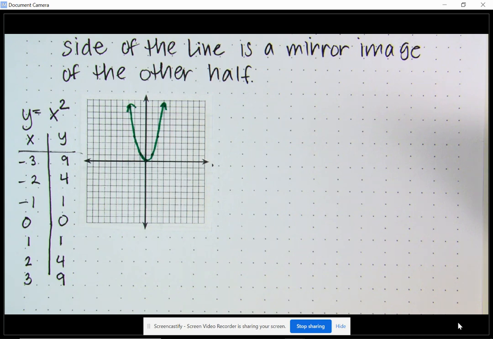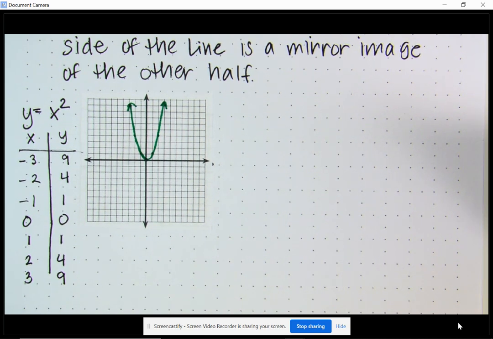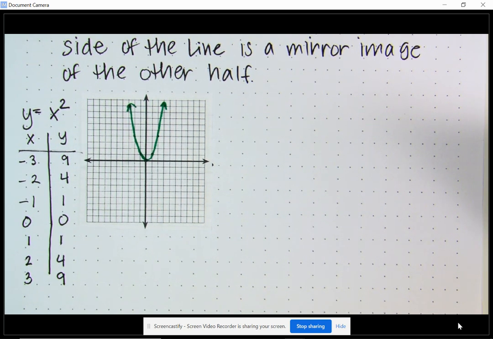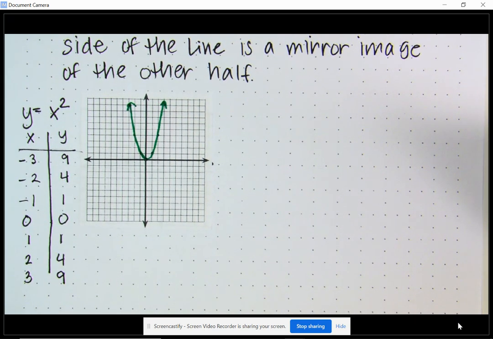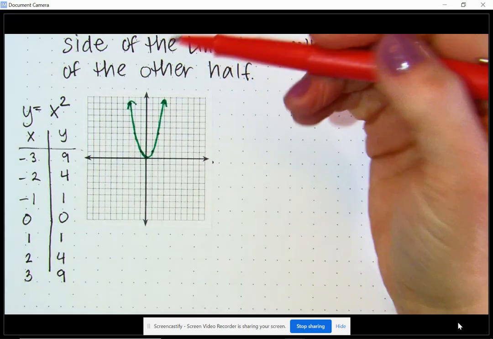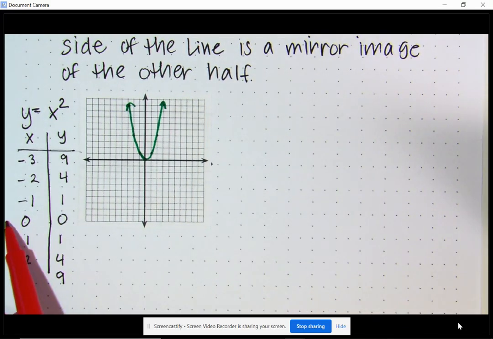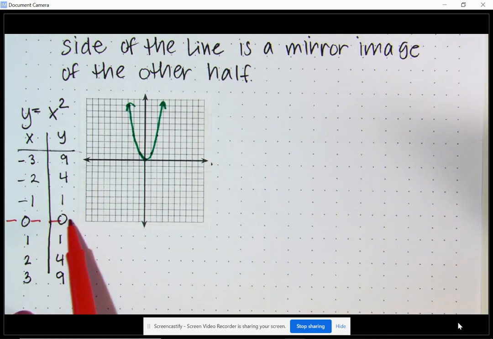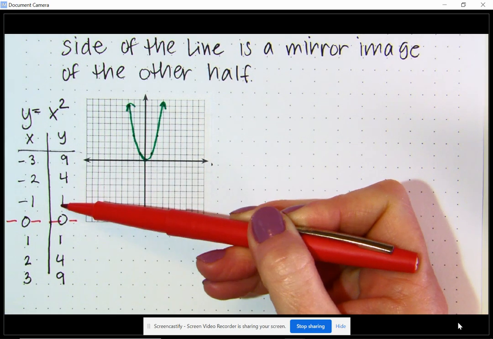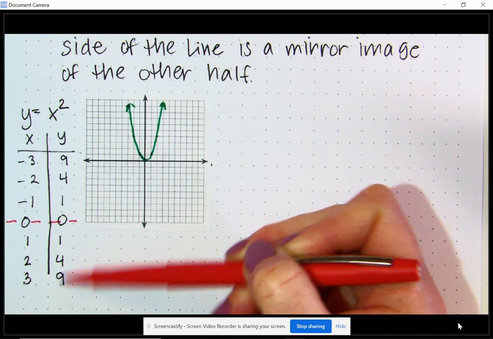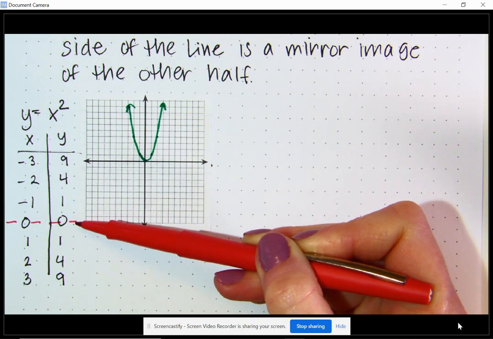Now, going back to the definition of axis of symmetry, the line that passes through the graph in such a way that the half of the graph on one side is a mirror image of the other half. What you'll notice on your table is right here is where it starts to shift, right? 9, 4, 1, 0, 1, 4, 9. So we could say the 0, 0 is kind of like the mirror.